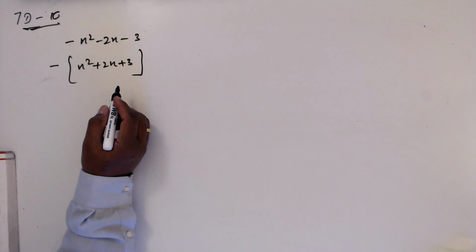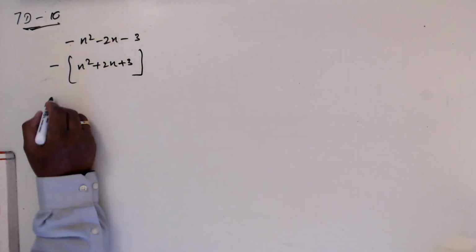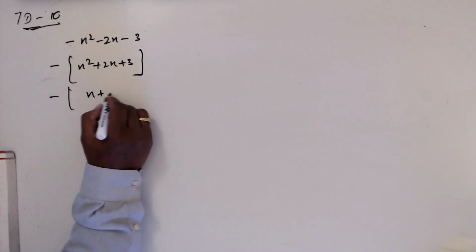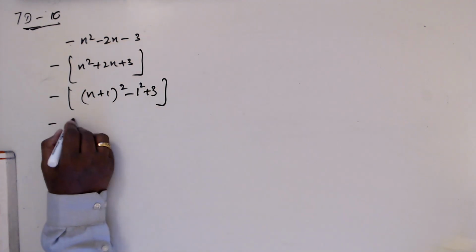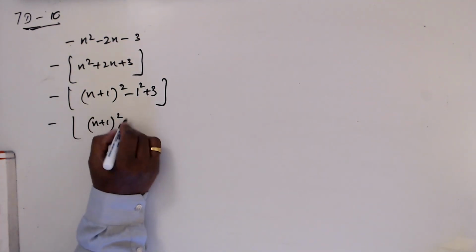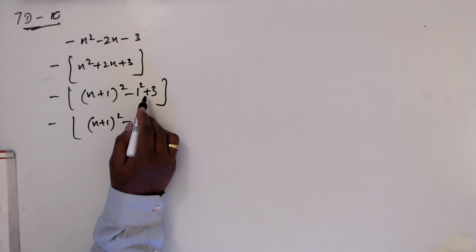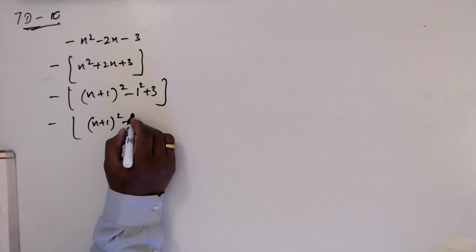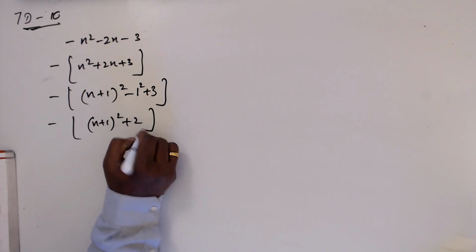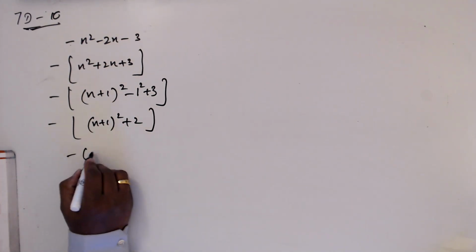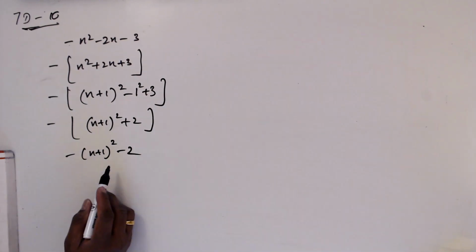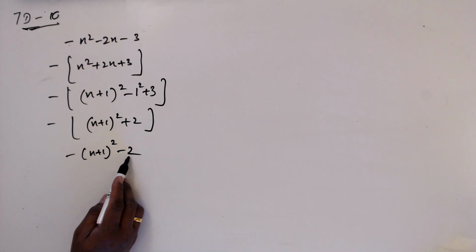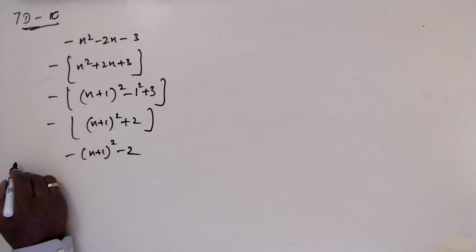Now, keeping this one, (n plus 1) squared minus 1 squared plus 3, minus (n plus 1) squared, this is going to be minus 1 plus 3 plus 2. Now I'll take the minus out: minus (n plus 1) squared minus 2. You can see that the maximum y value is at minus 2, right?